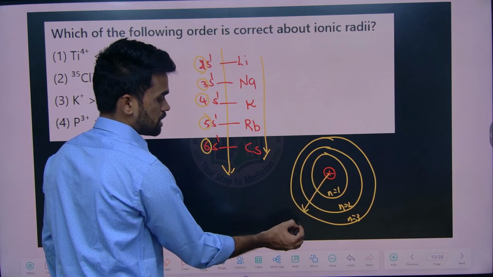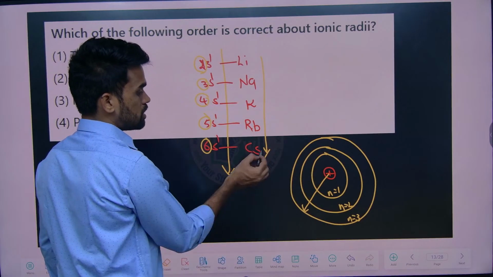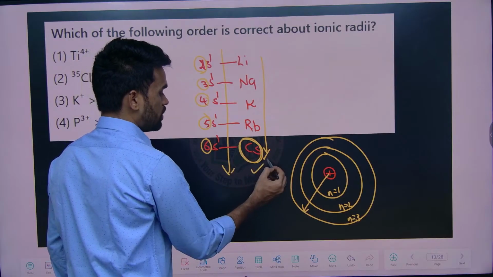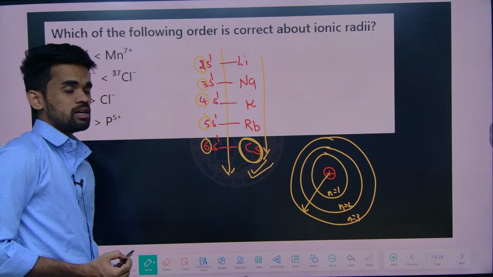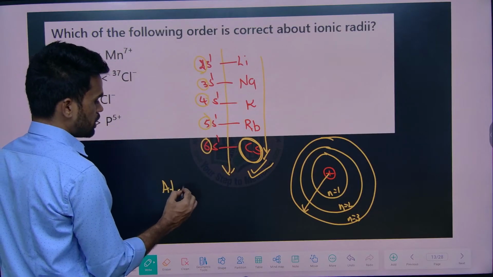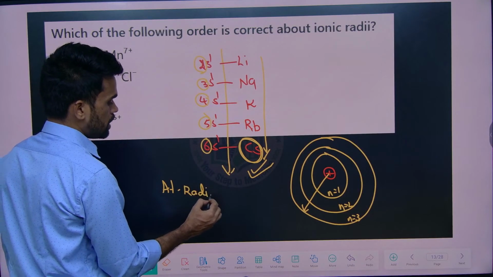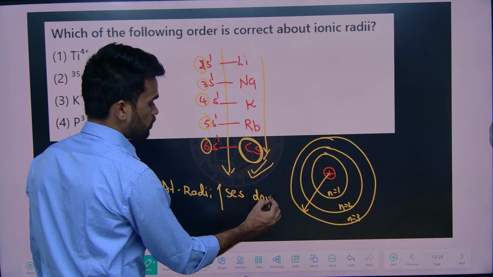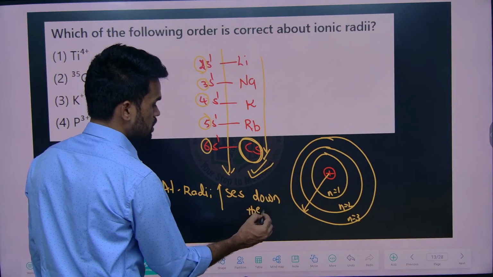The element at the bottom of the periodic table has the greater size. So atomic radius increases down the group.